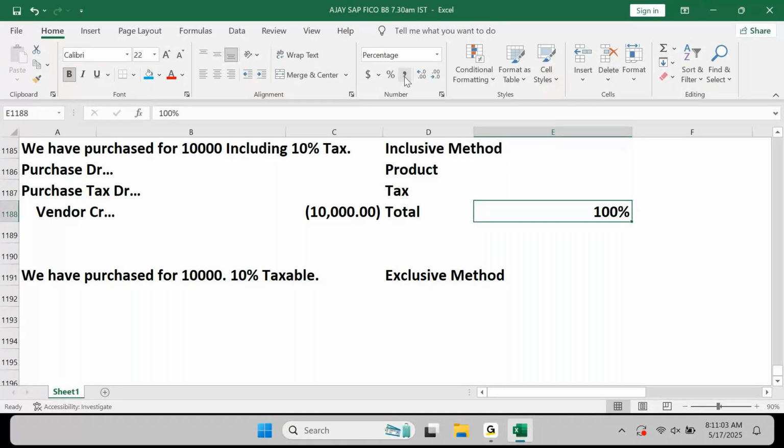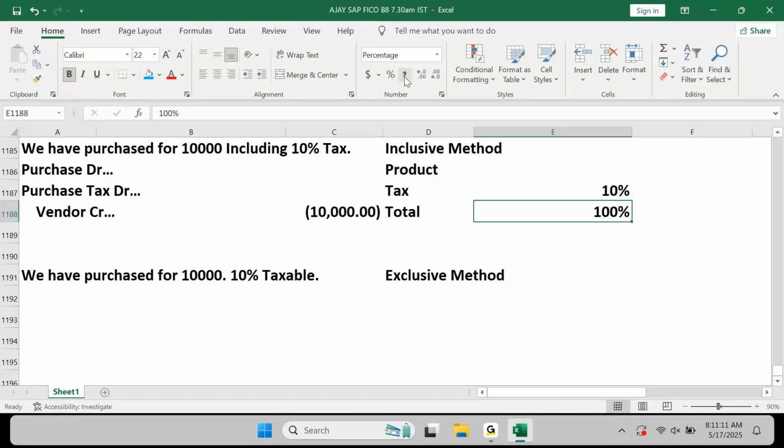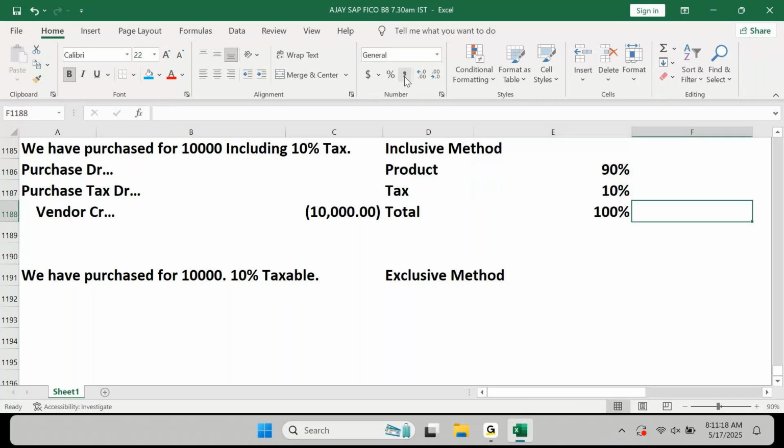Tax 10%, and product this value 90. This way I have to take, or I have to take product 100%, tax at 10%. This is 110%. Both are possible, right?